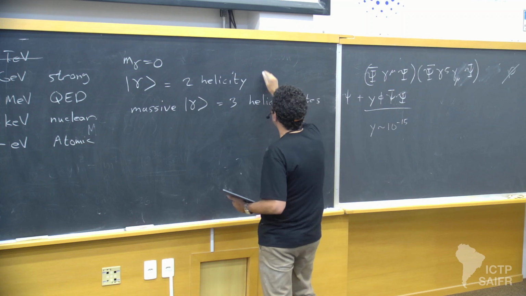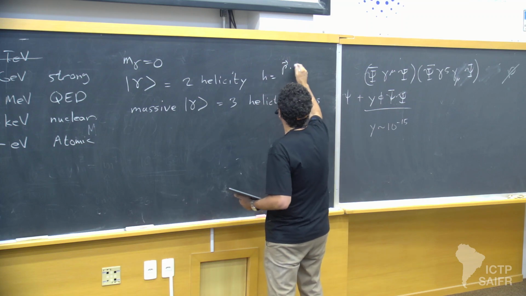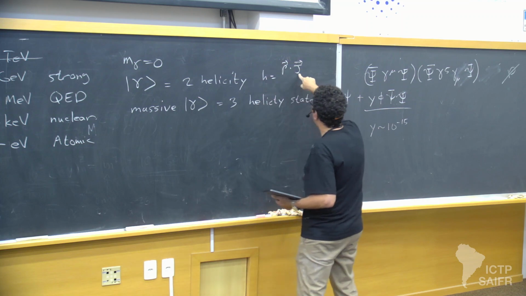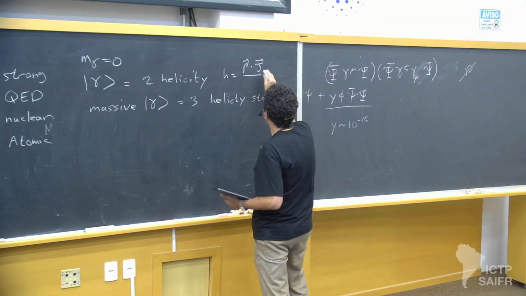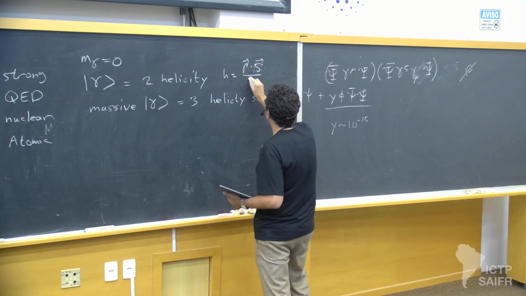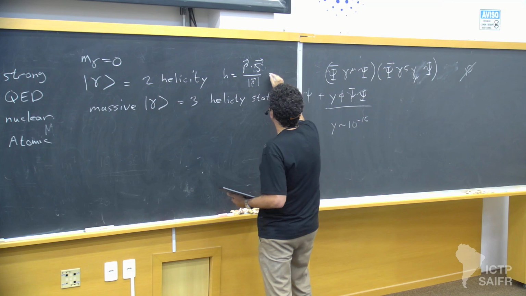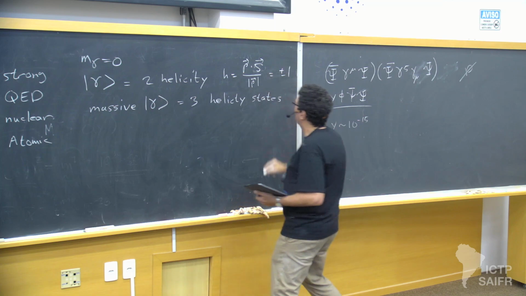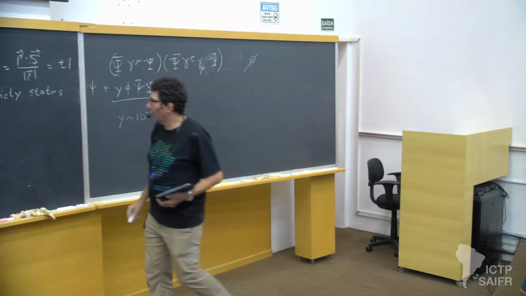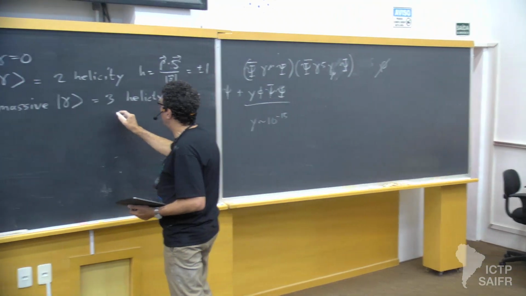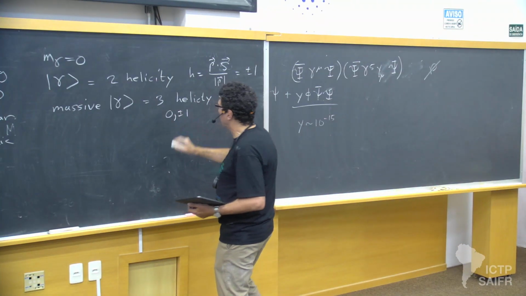The helicity is the momentum dotted into the spin, not angular momentum, but spin, normalized by the momentum. In the massless case, we have plus or minus 1, and in the massive case, we have 0 and plus or minus 1.